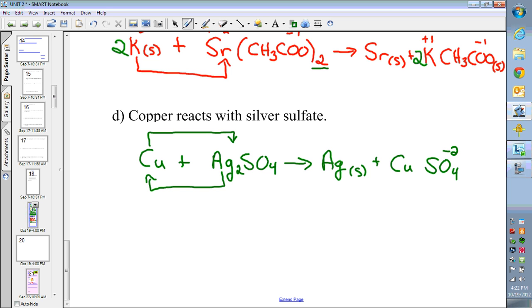Well, SO4 is -2, but we're into a little conundrum here because copper has more than one charge. It's multivalent. Copper is sometimes a +2, and other times it's a +1. This question didn't tell me which ion charge copper is. It didn't say copper 1 or copper 2. So the convention we're going to use is, if we're not told in the word, we're going to assume that the most prevalent one, the most common one, is the one that we're dealing with.